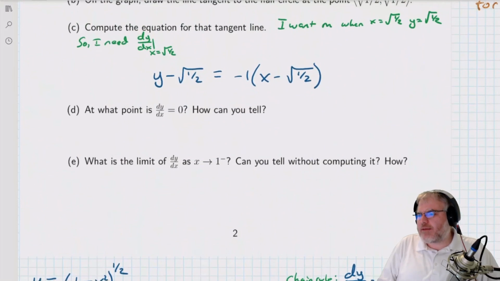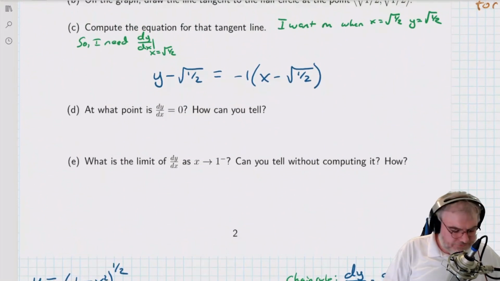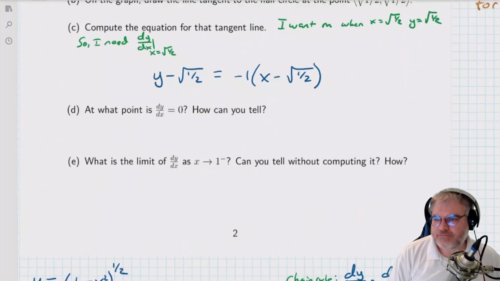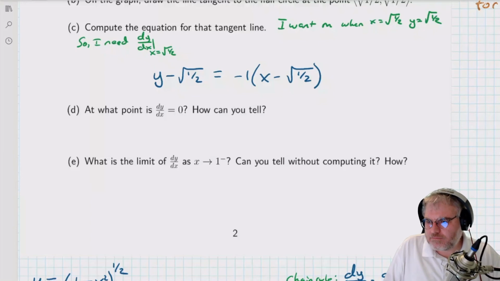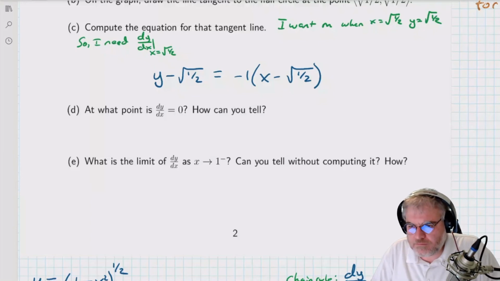Okay, so how do we feel about getting that tangent line? Okay.